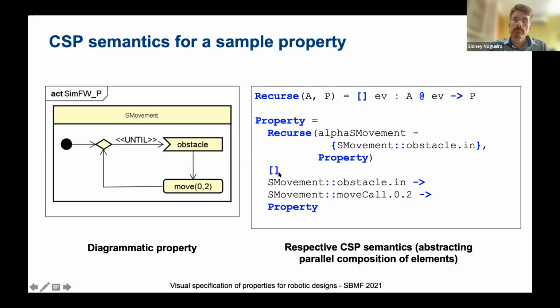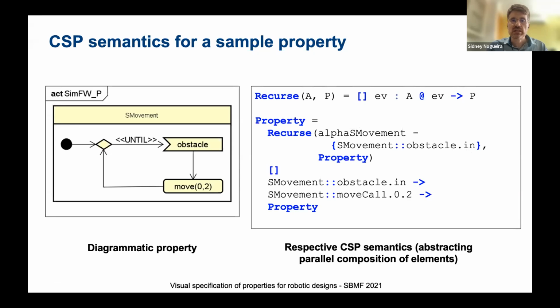Its behavior is that it behaves as the Recurse process, defined here, which offers all events in the alphabet of the parameter A, and then it behaves as the process P. With Recurse, the first parameter is the alphabet of events of the controller, except the event that represents the obstacle input event.